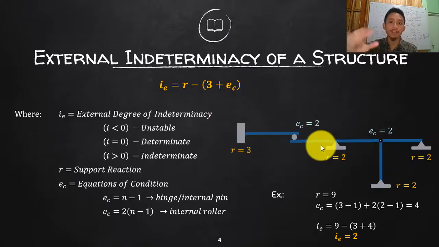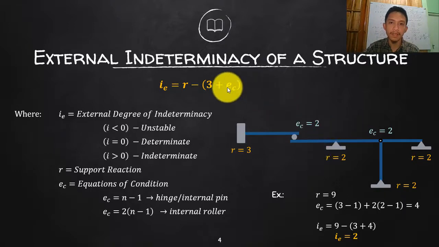That is an additional equation of condition, which is added to the equations of equilibrium. So even if there are not just three reactions, even if there are 4 or 5, if there are additional equations of condition, you can solve it and consider it determinate. So in the degree of indeterminacy, we will consider those equations of condition.